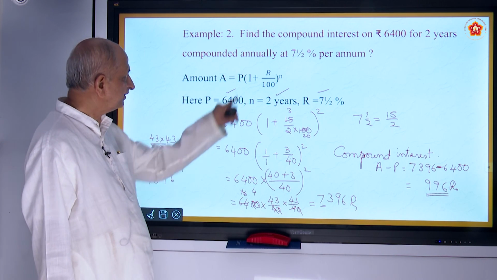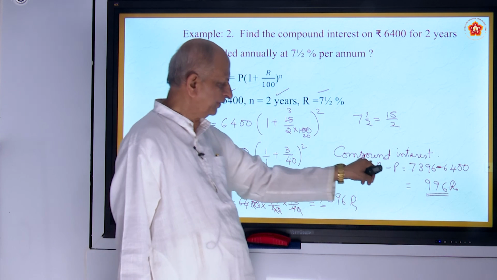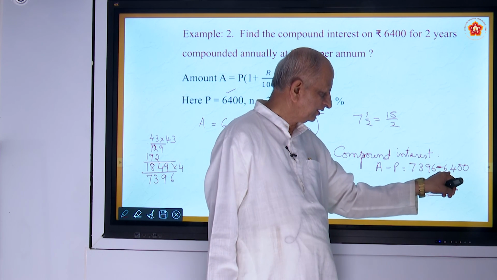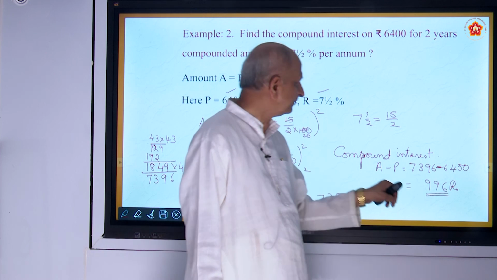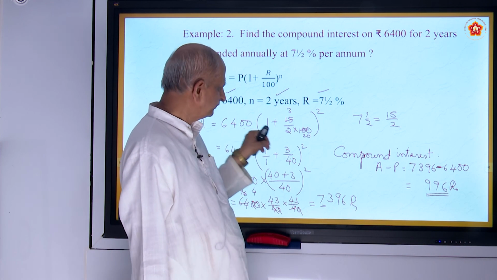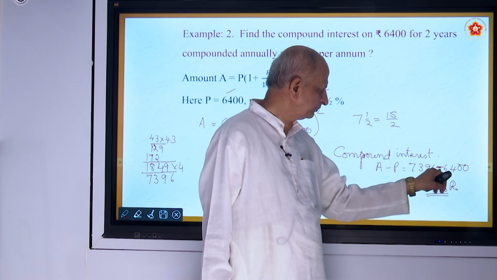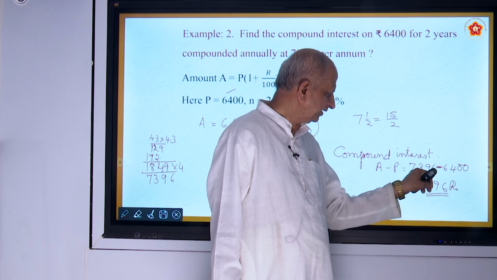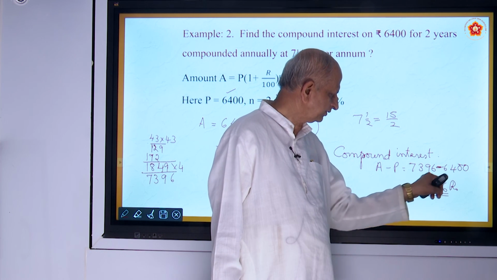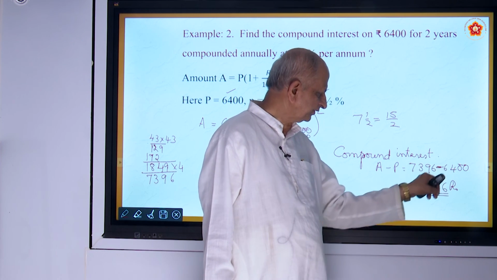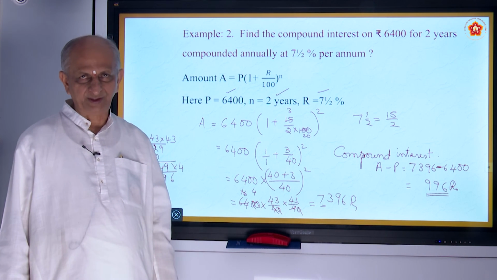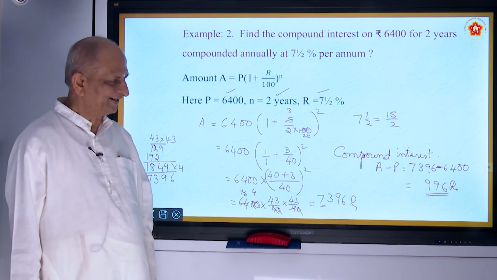And the question is compound interest. So compound interest is A minus P. A is 7396 minus 6400, that is the principal. And that comes to 6 minus 0, 9 minus 0 is 9, 13 minus 4 is 9, 6 minus 6 is 0. So 996 rupees. That is the compound interest. Okay, understood?